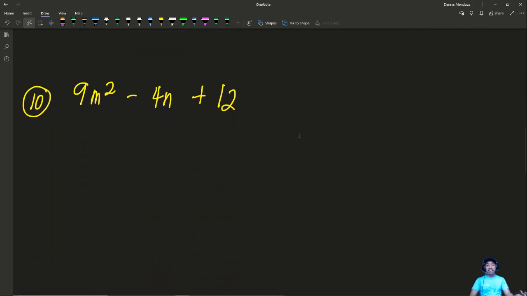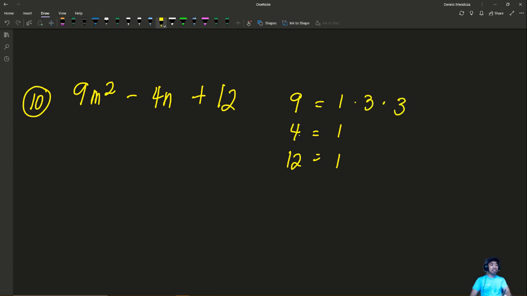So I think you're getting the hang of it already. So 9, 4, 12. So let's find the common among those three numbers. We know that 9 has 1 again, so everyone has 1. And then the factors of 9 is just 3 and 3. While for 4, it's only 2. Okay, so let's put it here, 2, and then 2. And then for 12, it is 2 and 2, because 12 is 4 times 3.